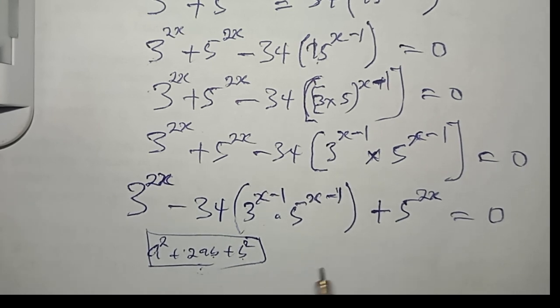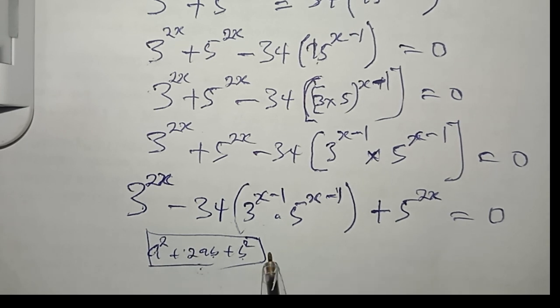So we want to find a way to express this expression here, this 5^(2x), to be in this form, and of power 2, and then this one will also be in this form and also of power 2.